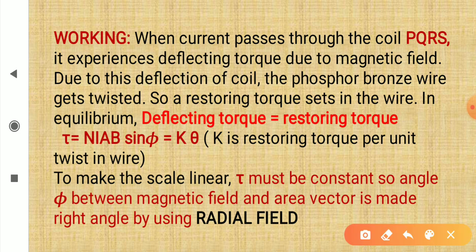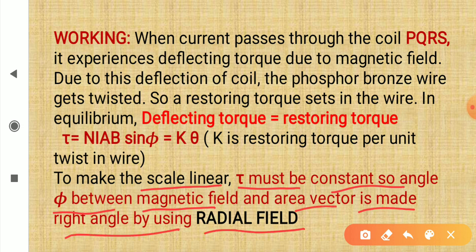To make the scale linear, linear meaning a direct relationship, the torque must be constant. So the angle phi between the magnetic field and the area vector is made a right angle by using a radial field. I'll tell you about the radial field, but before that, just look at this term, sine phi.